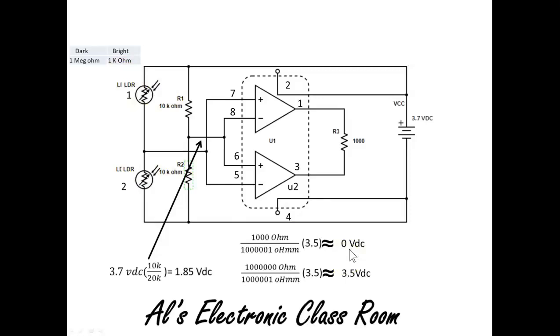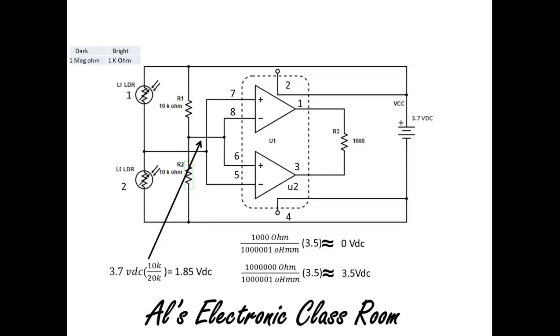And when I have the absence of light, the resistance of the LDR is going to be 1 megohm, or 1,000,000 ohms. So I'm going to have 1,000,000 over approximately 1,000,000, which is 1, and I'm going to have approximately 3.5 volts. In the two states, this applies to either LDR, because if you remember from the video, he took a flashlight and went from one LDR to the other.